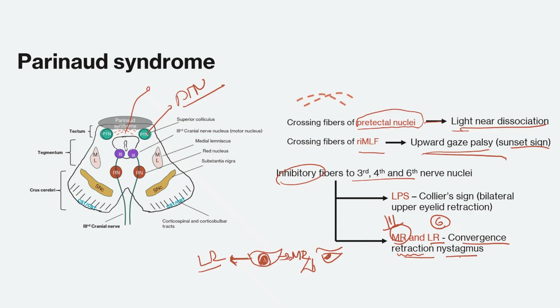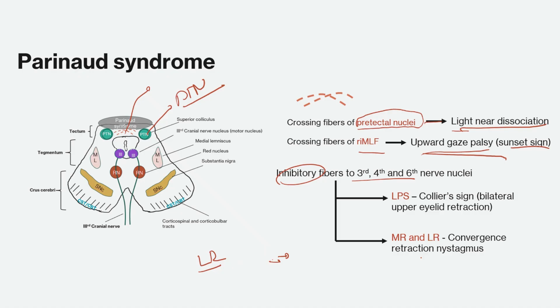What happens is medial rectus tries to bring the eye towards the center, so the eyes will try to converge, and retraction means that both of these muscles are trying to pull the eyes from either side. So that would lead to the eyeball retracting in the orbit. It will feel like the eyes are going back into the orbit. So that is called retraction. The term we call is convergence retraction nystagmus.